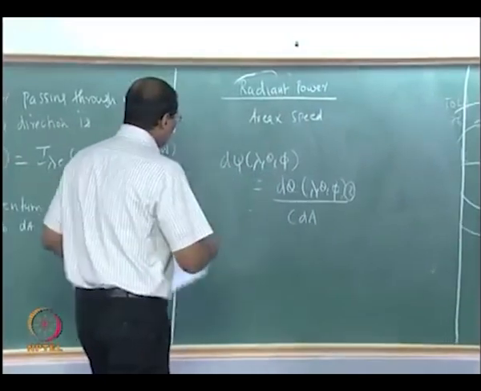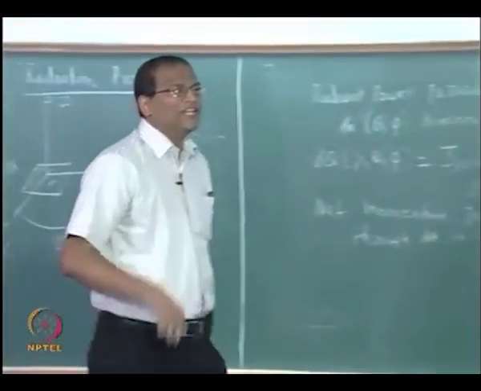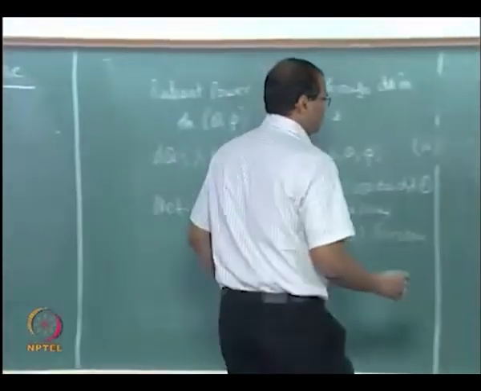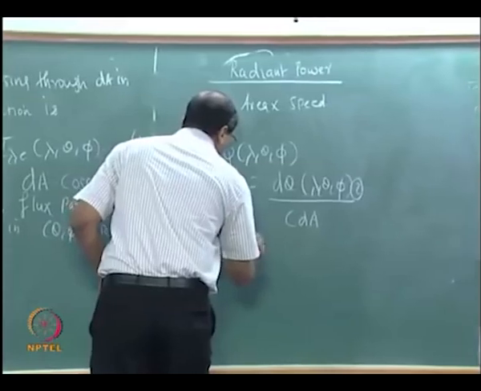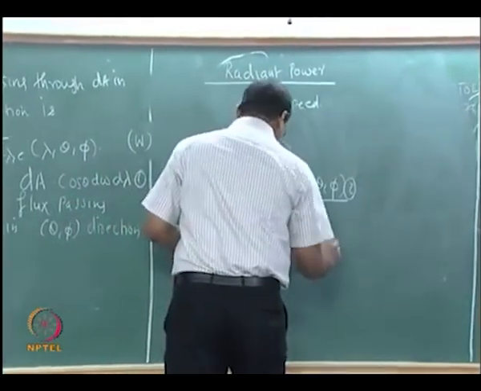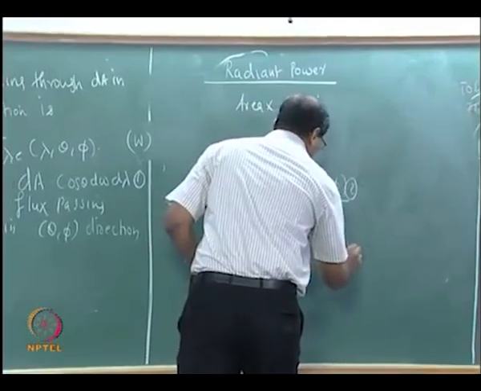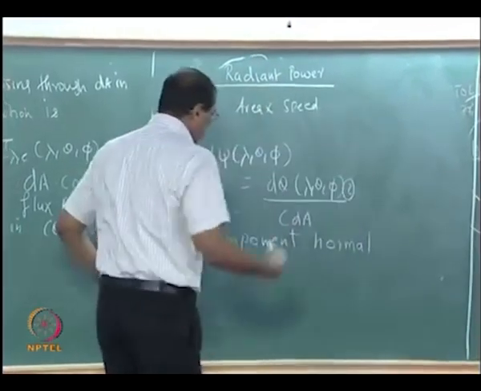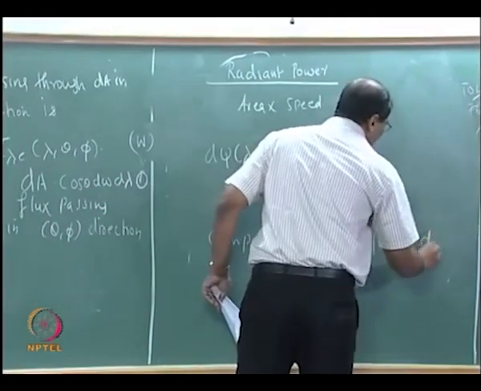Now what is the component normal to the radiation? Component normal to dA, right? That is very important, isn't it?